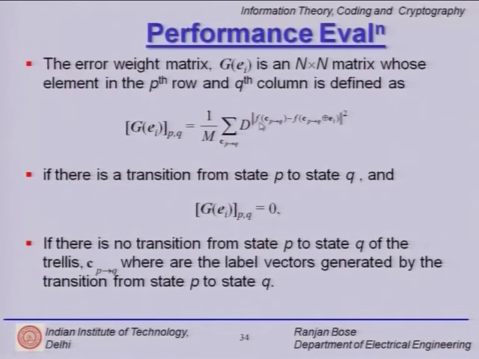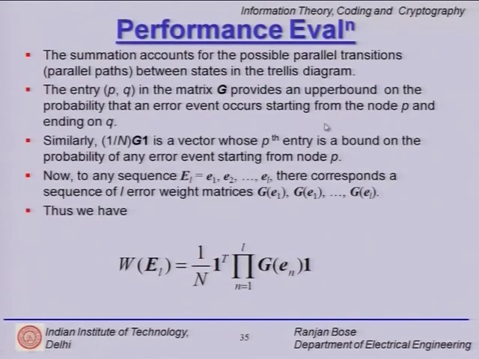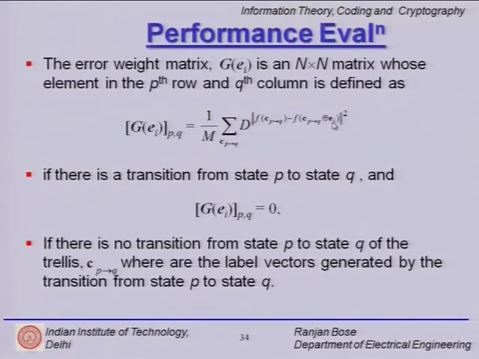This is the mapper of f(c p to q) minus c p to q plus this error E_I. This is talking about the transition from state p to q. So, we are looking at all the possible transitions and how the error is incorporated when we go from one transition to another.